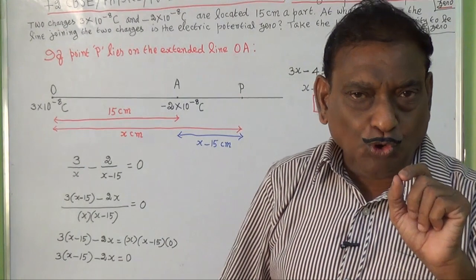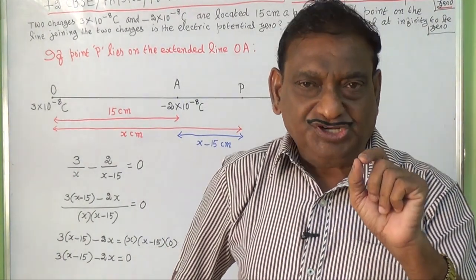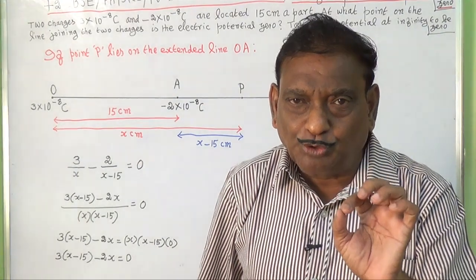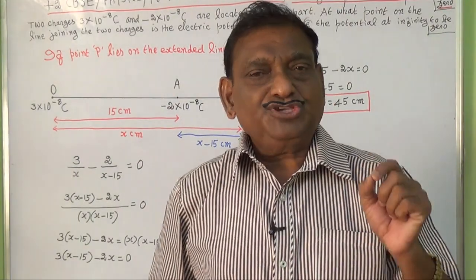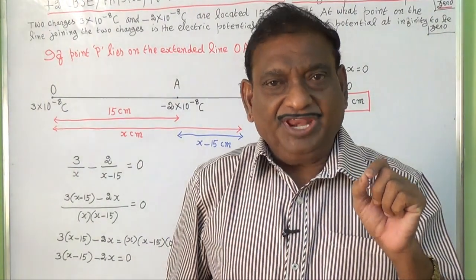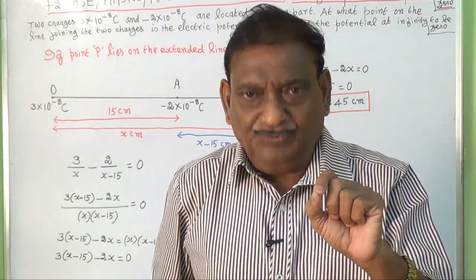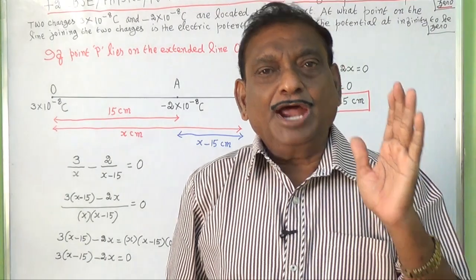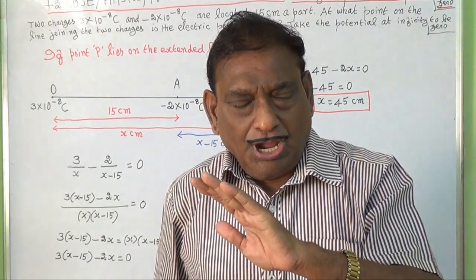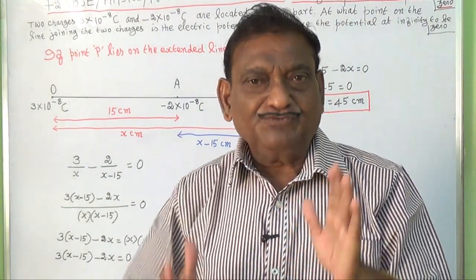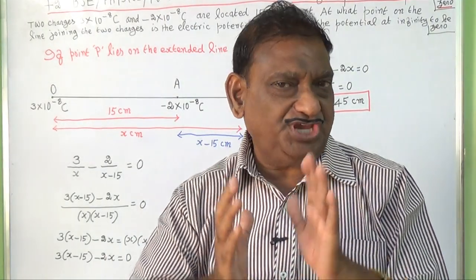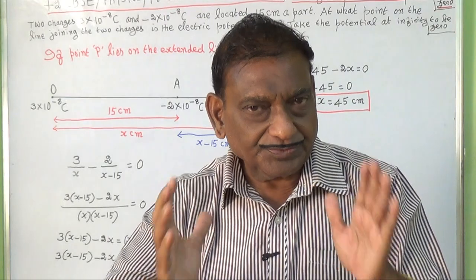The student should note that the potential at infinity is assumed to be 0. From this video, we realize that if two charges, that is one positive charge and one negative charge, are given, we can find the distance at which the potential will be 0.